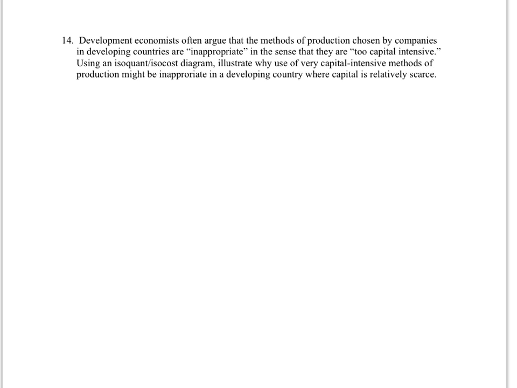And finally, this problem is very similar to the one before. Developing economies often argue that the method of production used by companies in developed countries is inappropriate. They're too capital intensive. Illustrate why use of a capital intensive method of production might be inappropriate.